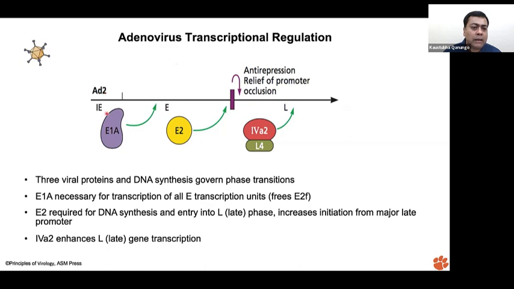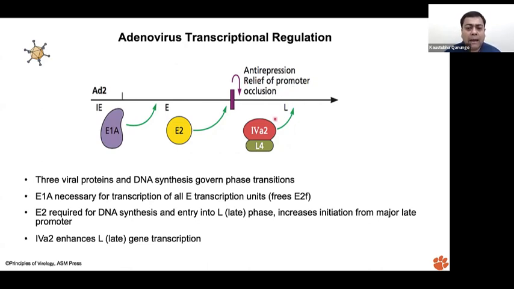Immediate early, early, and the late. So the immediate early will produce this E1A protein, which will stimulate early gene expression and the production of this E2. And this E2 is required for DNA synthesis and entry into the late phase by the anti-repression, or the relief of the promoter occlusion, that we have just elaborated in the last slide.